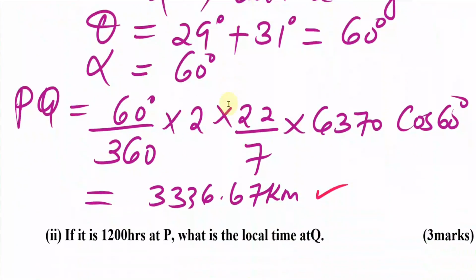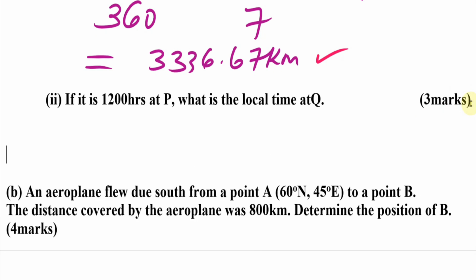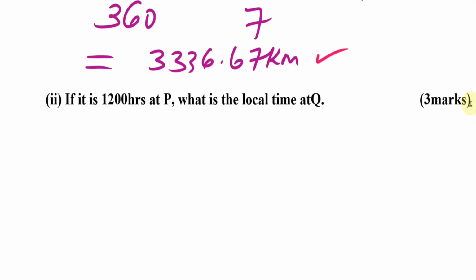Let's go to the other part. We're supposed to obtain, if it is 12:00 hours at P, what is the local time at Q? When you are working out time, we use the longitude to know the time difference.